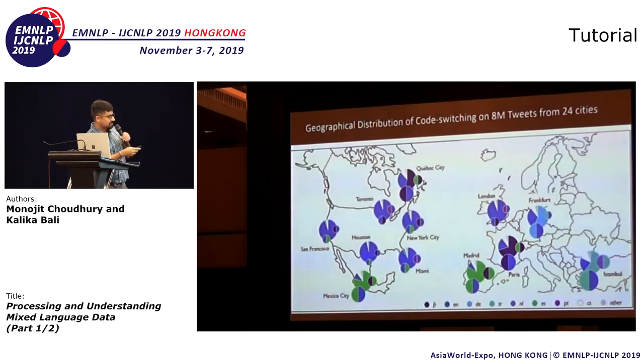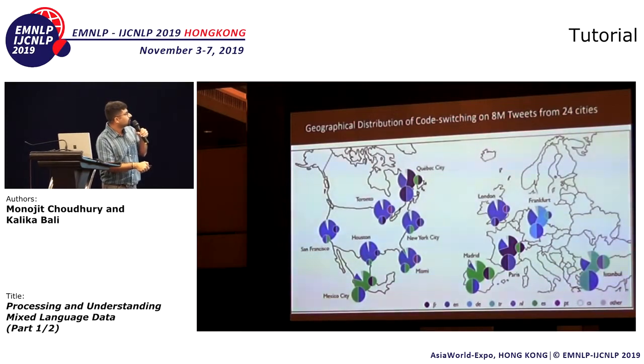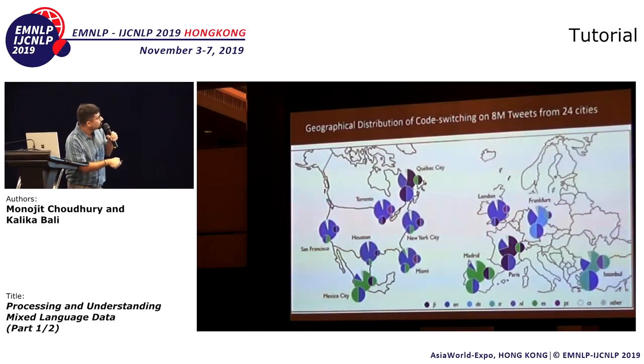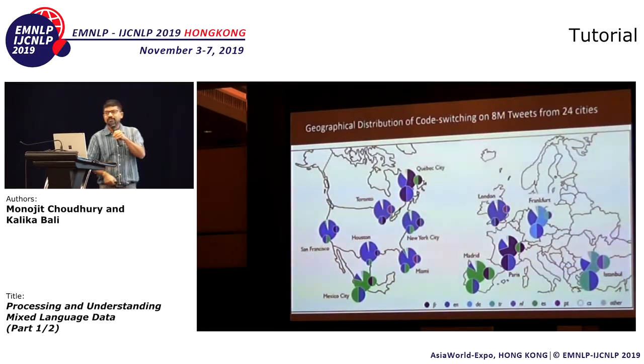And you can see places like Istanbul have a lot of code switching. If I remember the number correctly, it is 13% or something. Quebec City has a lot, Mexico City has a lot, Madrid, Paris. But on the other hand, some of the other places like London, Houston, New York do not have that much code switching. I think Houston had the least with 1.2% or something. We'll come back to this.